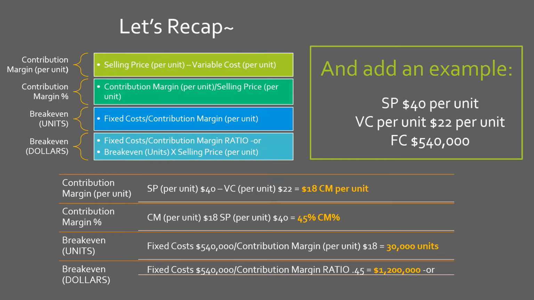Or the quick and dirty, if I already know break even in units, which I do, 30,000, multiply that by the selling price of $40 per unit, I would have also come up with $1.2 million.